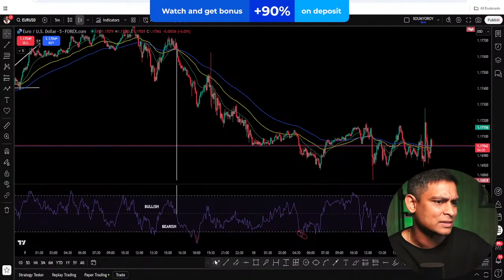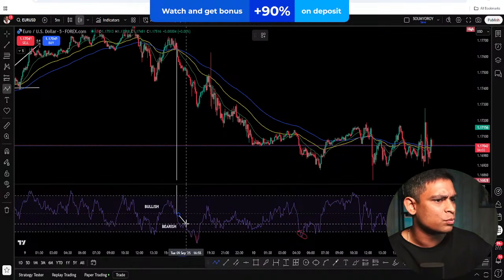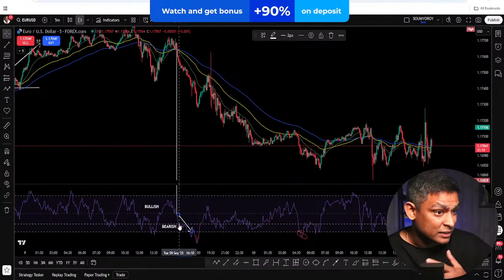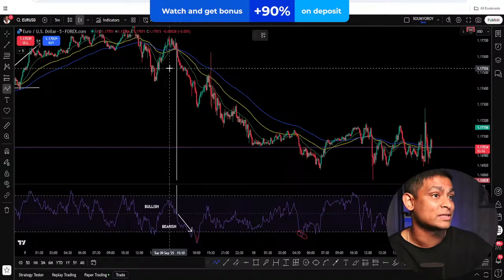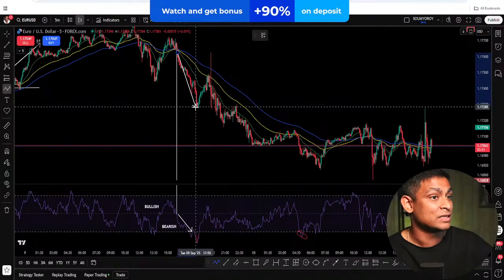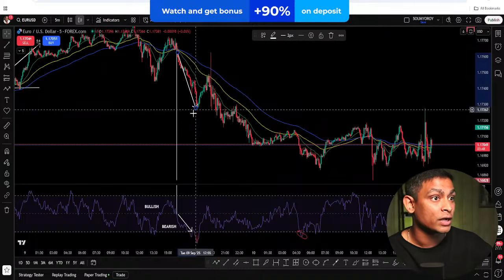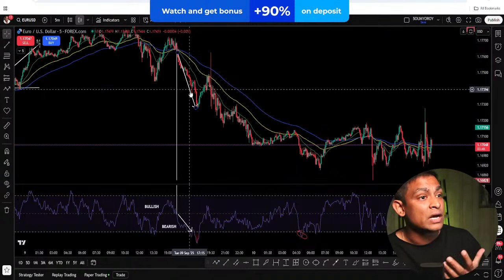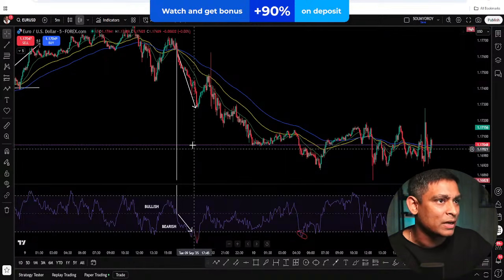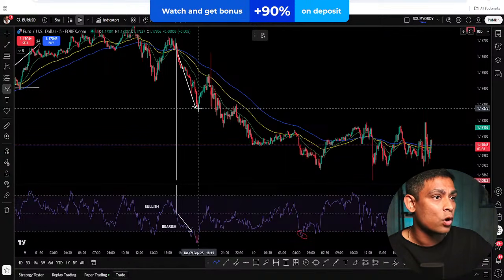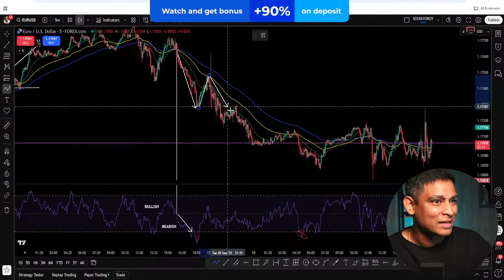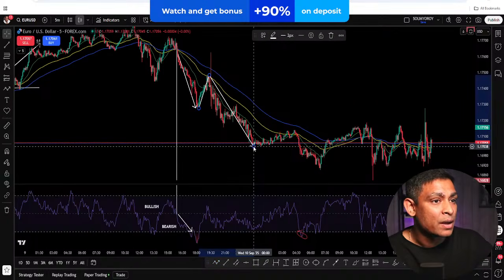What you can see is that when the RSI line is moving below the 50 line, the price is also moving down, which is a bearish momentum. Now when you see that the price has moved up a little bit, you can also see that we went back, we retested, and then again we came back.